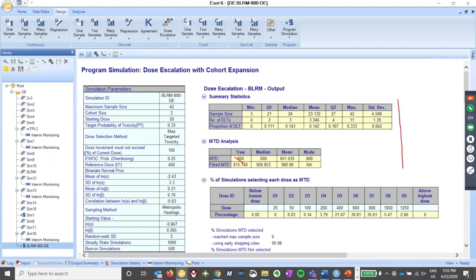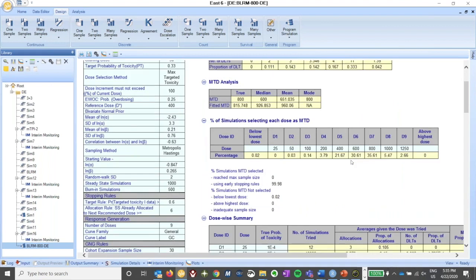You can see that your true MTD was 800, and this is exactly what the BLRM ended up picking. It picked the correct value about 36% of the time. The next highest percentage was on the dose level 600, which was also within that targeted toxicity interval that we considered earlier. So this is the dose escalation part.